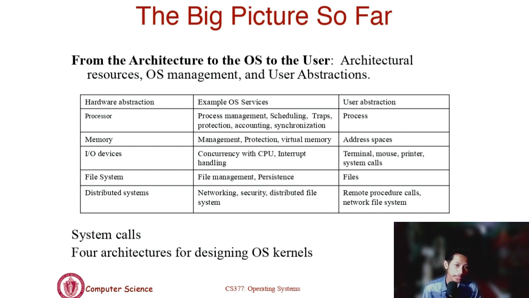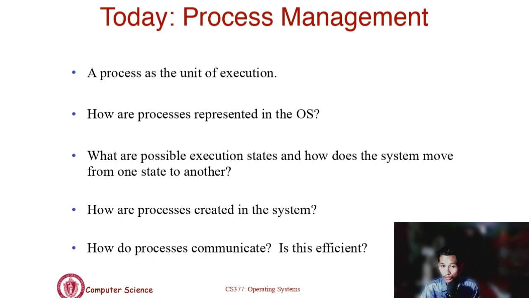So today our focus shifts to process management within the operating system. Here, a process serves as the fundamental unit of execution within the system. But how exactly are processes represented in the operating system? And what are the states?